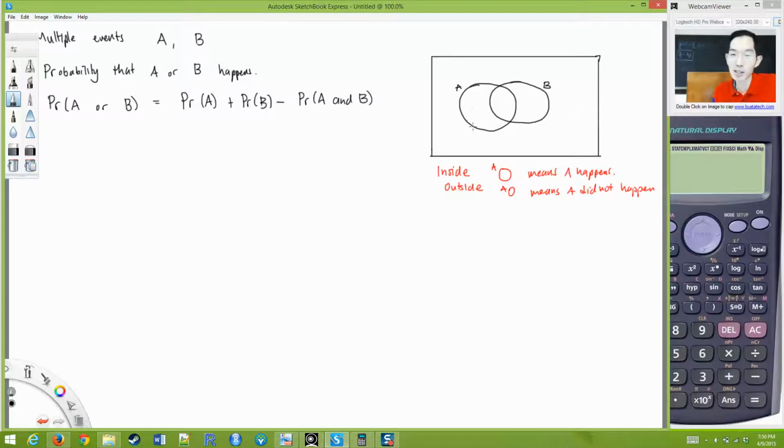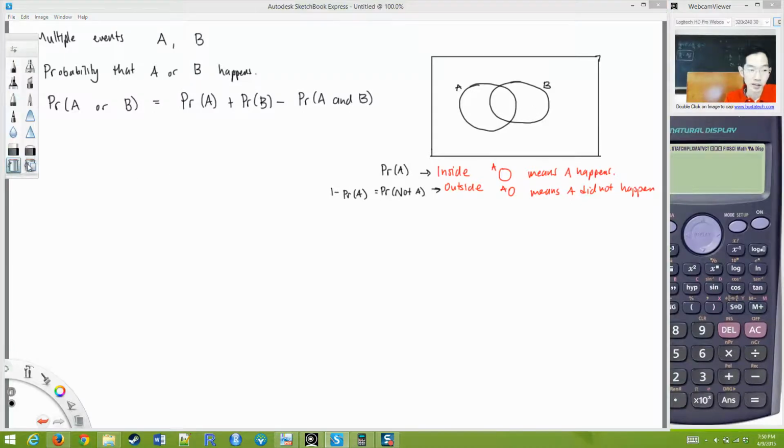Because inside the circle would be probability of A, and outside the circle would be probability of not A, and we know that probability of not A is equal to 1 minus the probability of A, so if we add those together we get 1. Okay? And then the same applies to B.